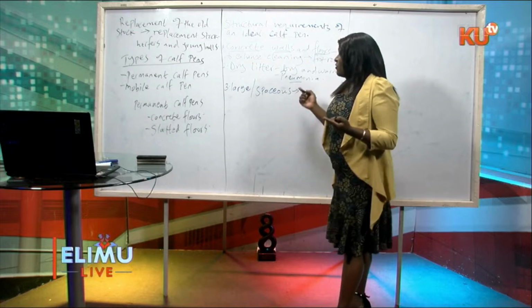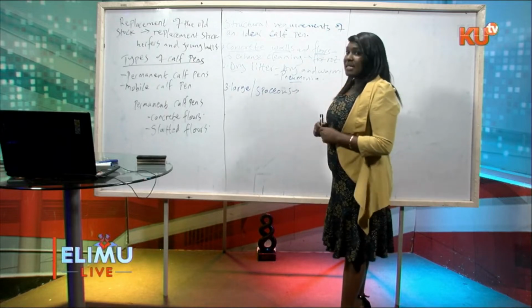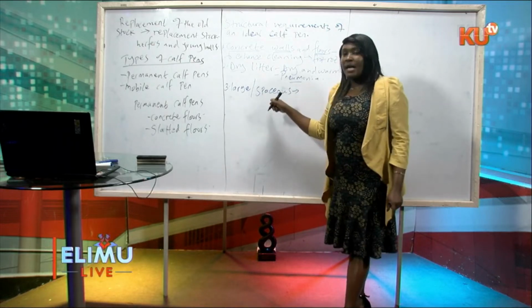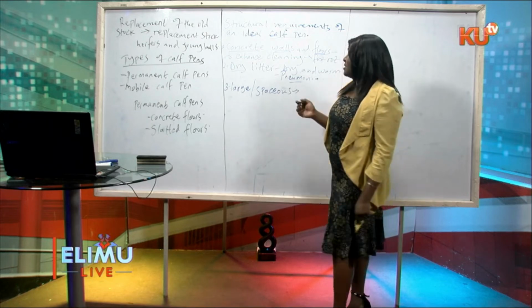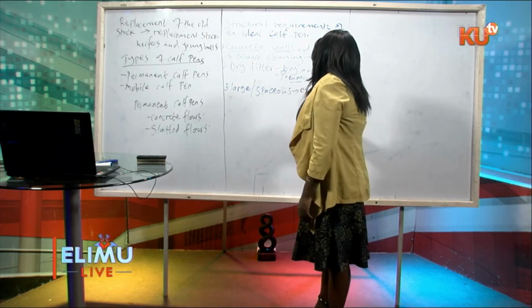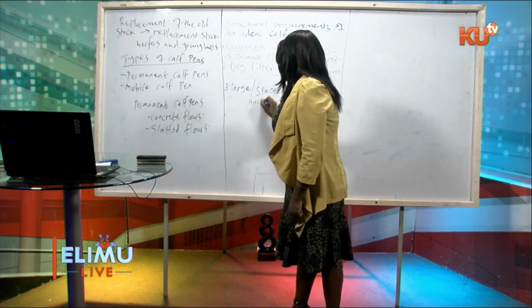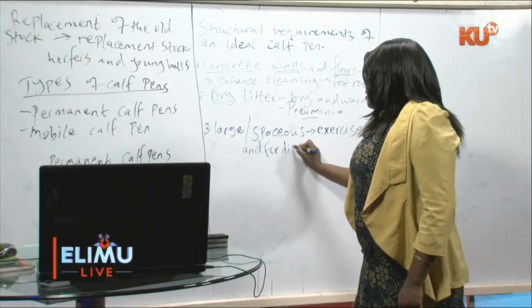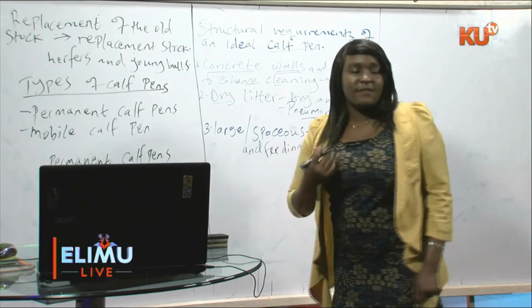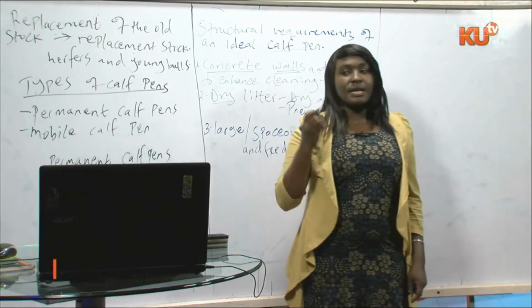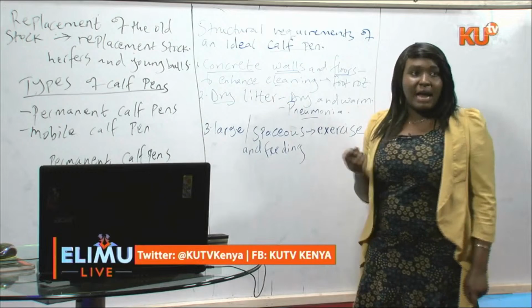Now, in the case of animals, or in the case of these cows, they require a lot of space for exercise. Exercise is very crucial, exercise and feeding. Exercise is very crucial for each and every living organism.